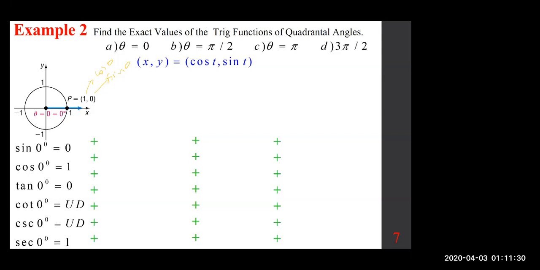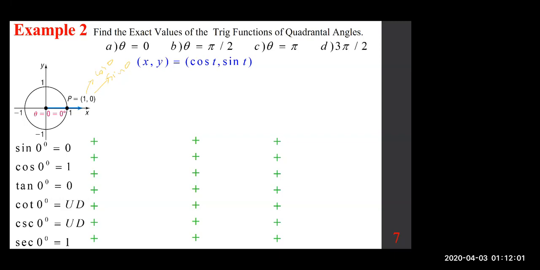Now, tangent, sine over cosine, becomes 0. The other three are just the reciprocals. I hope you remember this from trigonometry, and if you don't, I hope the unit circle and the fact that x is cosine, y is sine will help you figure it out.